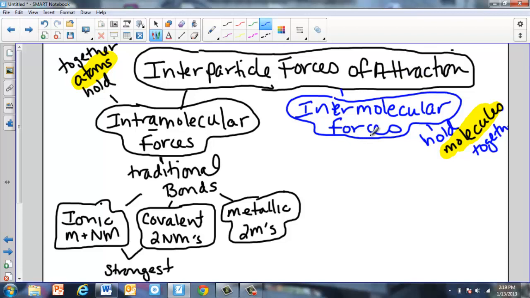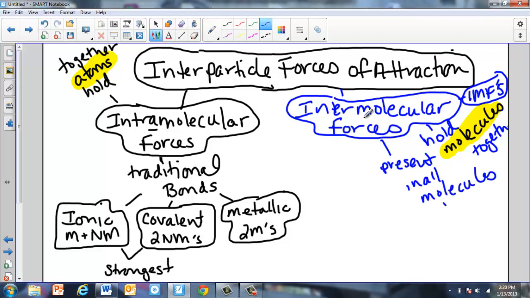Okay, now with intermolecular forces, we can split these up, and this is what we refer to as IMFs. You're going to hear me use that term a lot in this unit. This is the ones that we're talking about. And there's three types with these as well. Okay, the first type of intermolecular force we can consider being present in all molecules.